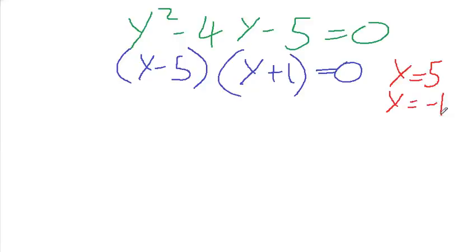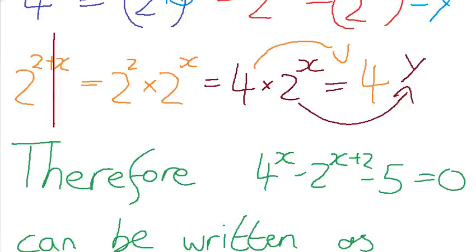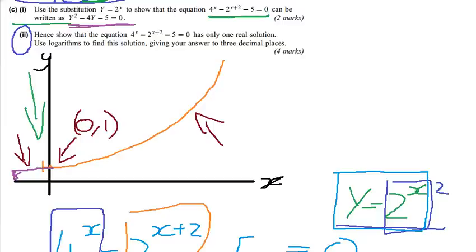So let's say what that means then. That means that 2 to the power of x is equal to 5. And it means that 2 to the power of x is equal to minus 1. But if we go back to our original sketch up here, how can 2 to the power of x equal minus 1?